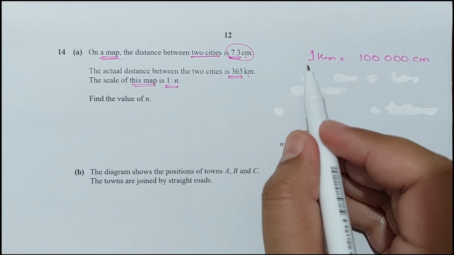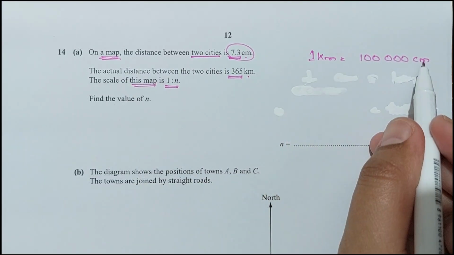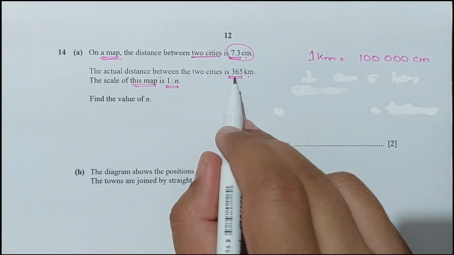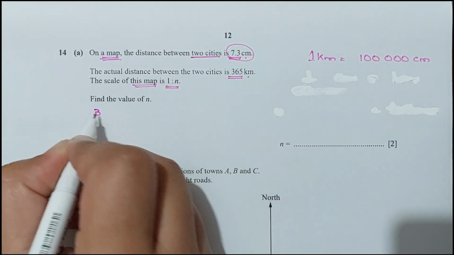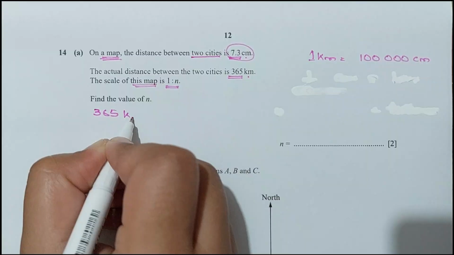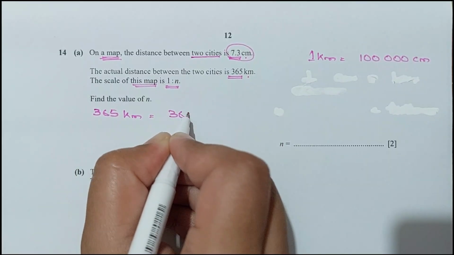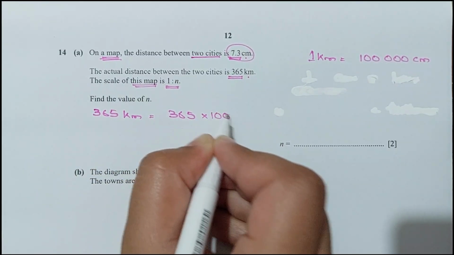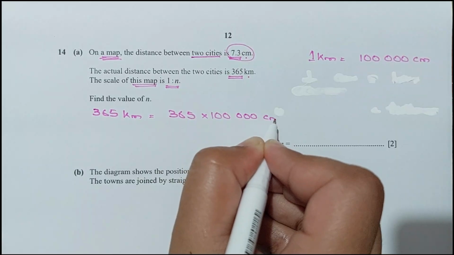Since we know the conversion from kilometers to centimeters, now we have to find for 365 kilometers. 365 kilometers would be equal to 365 times 100,000 centimeters.